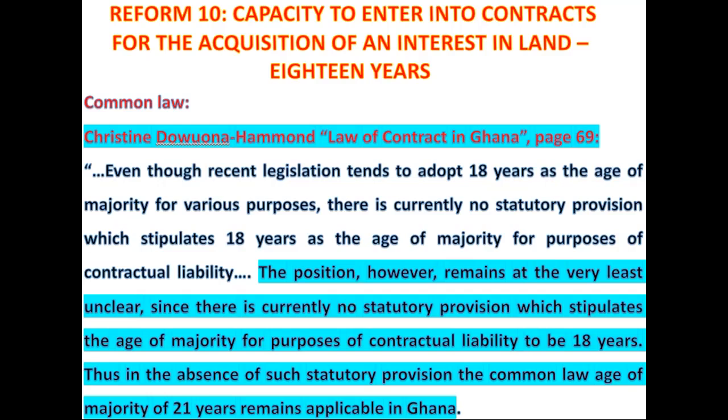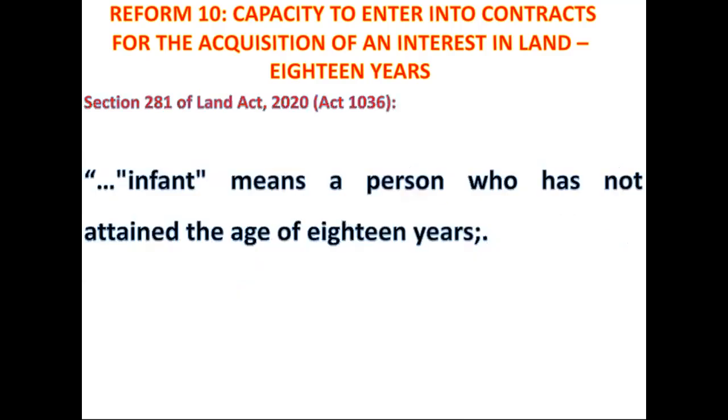But because of the Land Act, we don't want any problem, the Land Act has gone ahead under section 281 to define an infant to mean a person who has not attained the age of 18 years. Meaning that for purposes of land transactions, it is only when you are below 18 years that you begin to be an infant, who will not have capacity to enter into a contract.